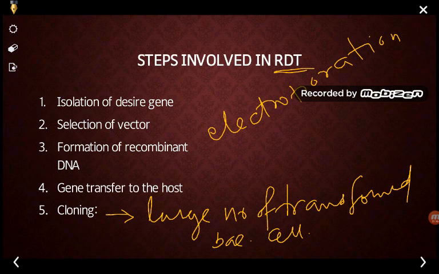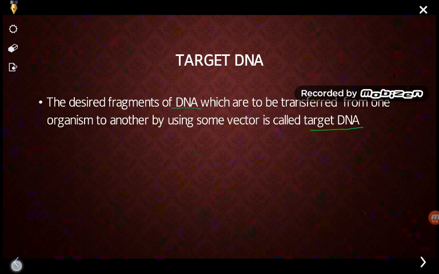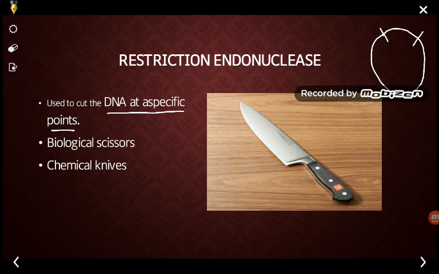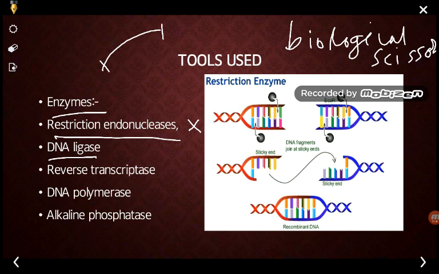So today we have seen what the different steps are. First is isolation of desired genes, second is selection of vector, third is the formation of recombinant DNA, fourth is gene transfer to the host, and fifth is the cloning. So we have seen what is target DNA, the different types of vectors which are used in cloning. Next, what are restriction endonucleases, what is the function of endonuclease.